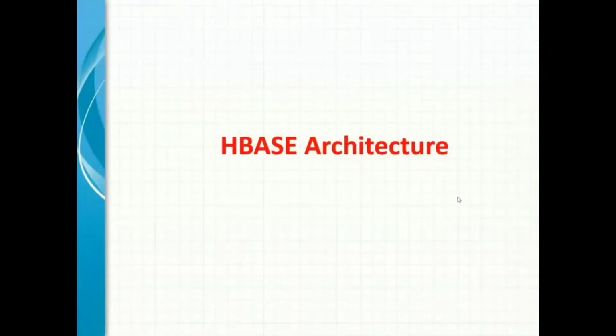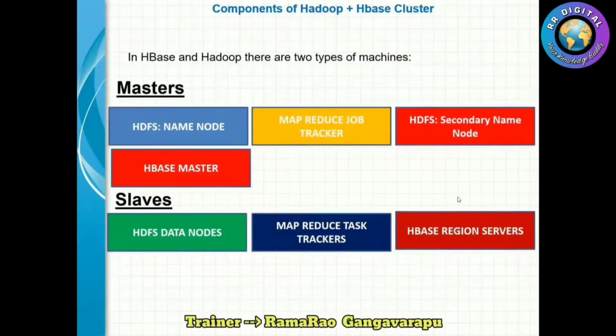We'll discuss HBase architecture. So earlier we discussed HDFS architecture and Hive architecture, right? So in a similar way in HBase we have one architecture. In HBase architecture, we have two important nodes. Okay, so one node will be added to the master node, and another node is added in slaves.